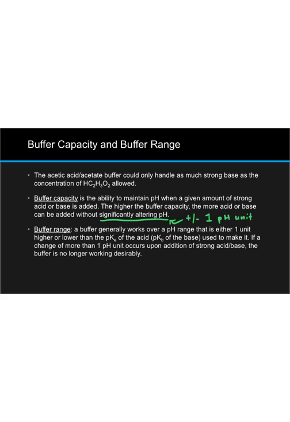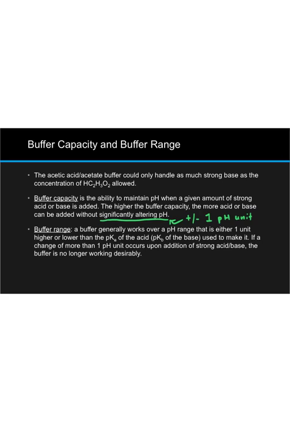A buffer range is that range over which the buffer is active. Again, we say that straying within 1 pH unit higher or lower than the pKa of the acid represents a suitable buffer.